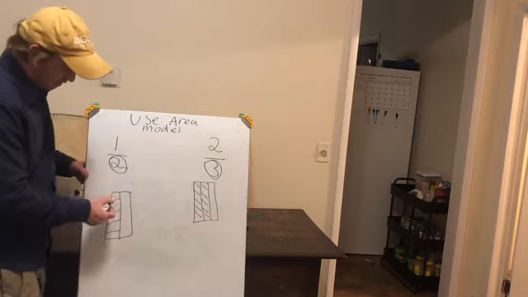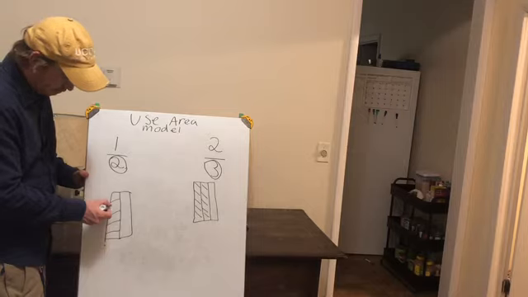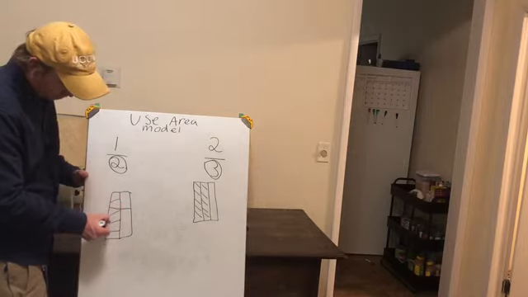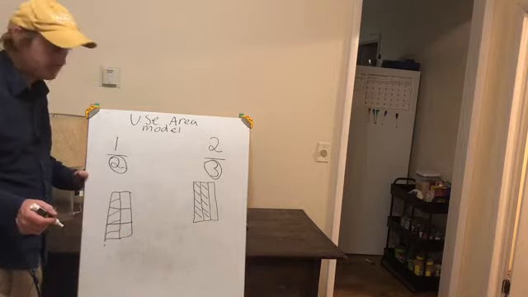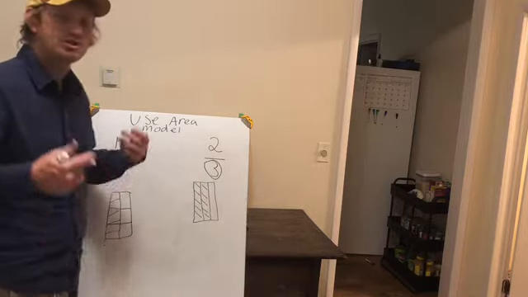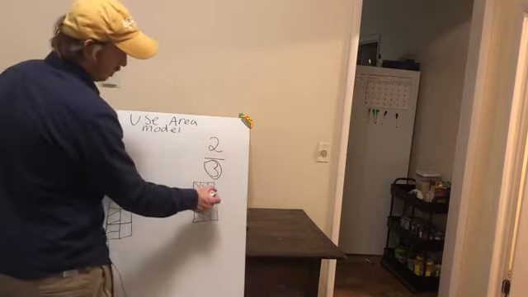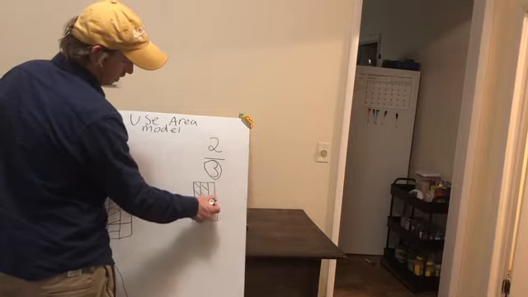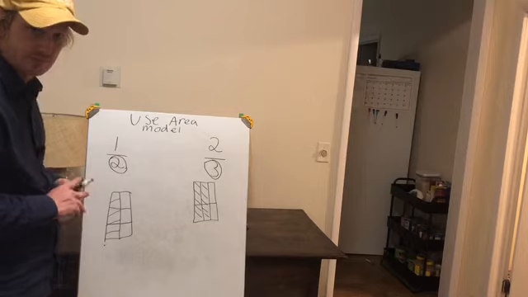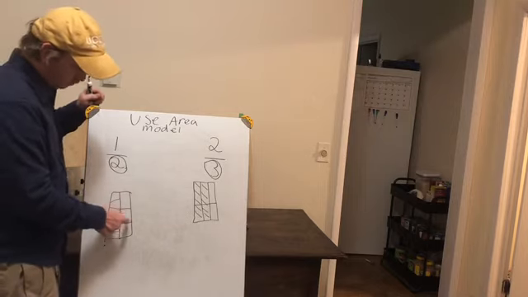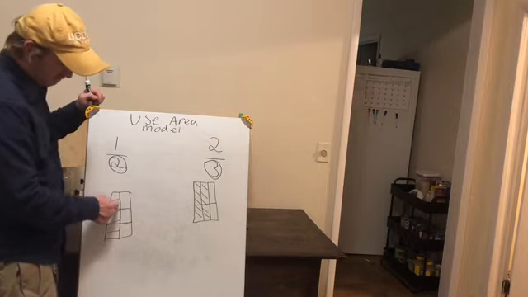So I'm going to take my array and multiply it by 3 by adding 3 more sections. 1, 2, 3. And 3 times 2 is 6. So I'm going to cut this in half to add 2 more sections. So now we have 1, 2, 3, 4, 5, 6.